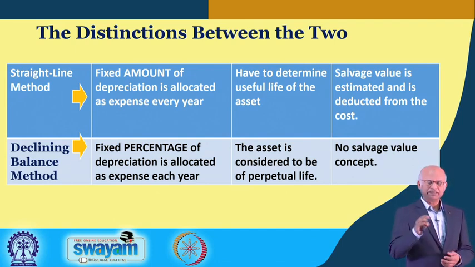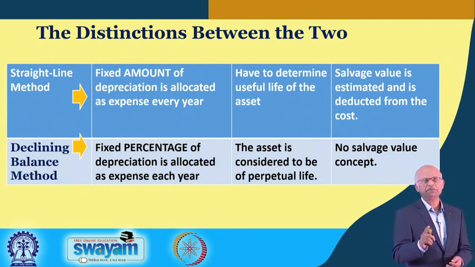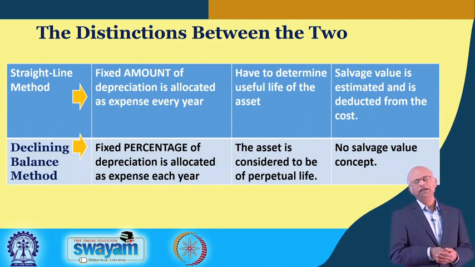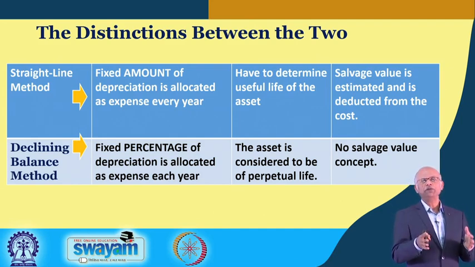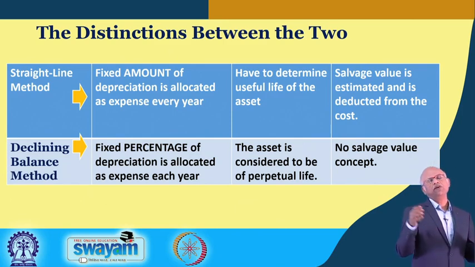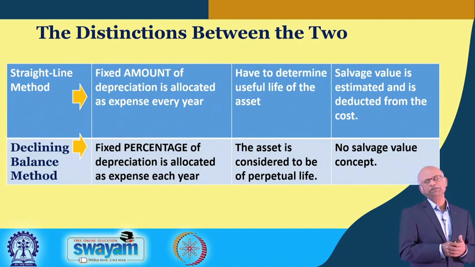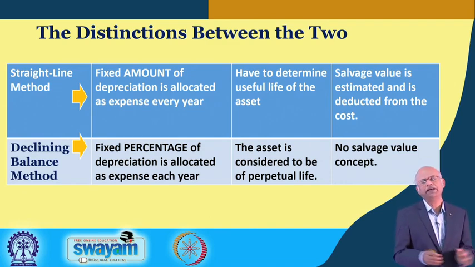Second differentiation is that you must determine useful life, because an equal amount will be allocated as depreciation over the useful life. So, when you start estimating depreciation on the straight line method, you need to understand what is the useful life, whereas in declining balance method there is no useful life philosophy.